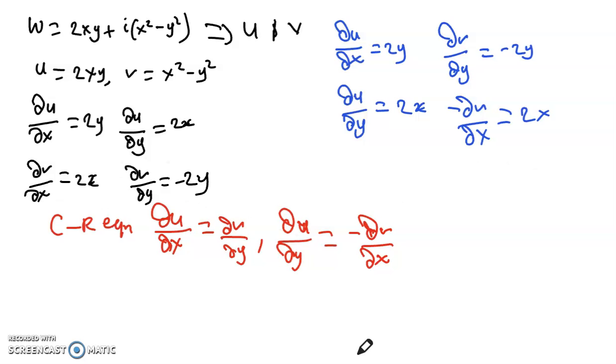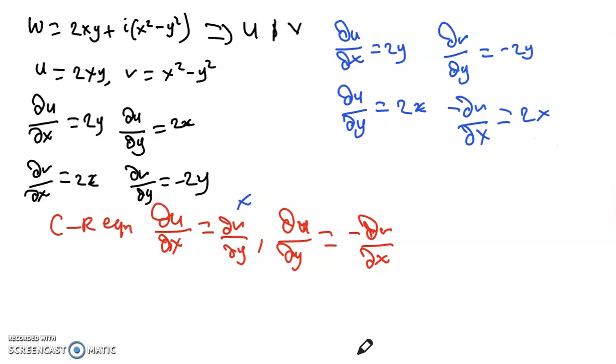Let's see. Here we have dou u dou x, which must be equal to dou v dou y. Here our dou u dou x is 2y and our dou v dou y is negative 2y, which means the first one is not satisfied. Here we also see dou u dou y is 2x, and negative dou v dou x, which is supposed to be equal to it, is also 2x.